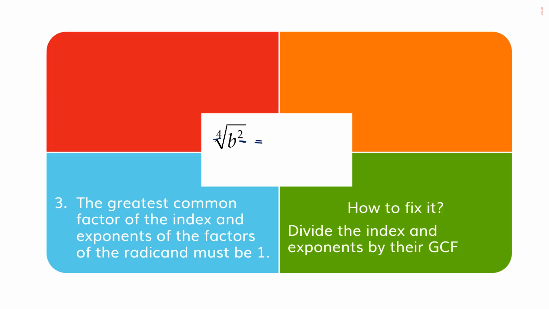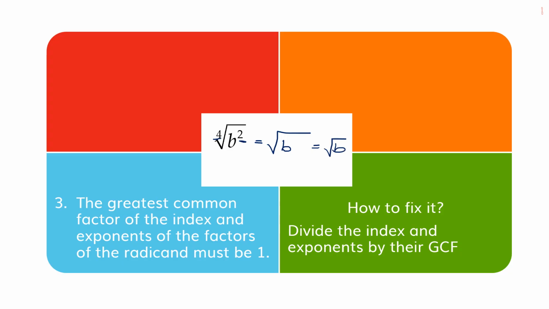Meaning to say, since the GCF of 4 and 2 is 2, we divide both of them by 2. So 4 divided by 2, we get 2. Since the index is 2, we no longer write that. Then b, 2 divided by 2 is 1. So that's why it's just square root of b.